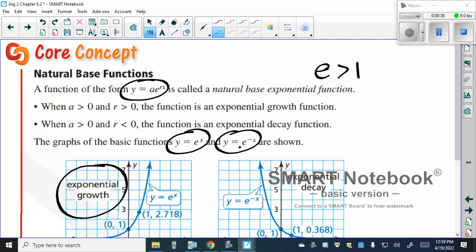However, I can't just change the value of e, because it's a constant. I can't decide that now e is 1/2. But if the exponent is negative, it's going to be exponential decay. Whenever that exponent is negative is when it's going to be exponential decay.